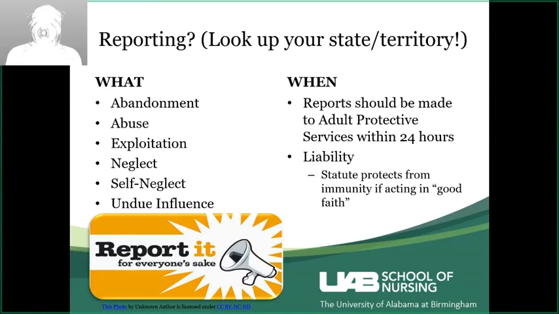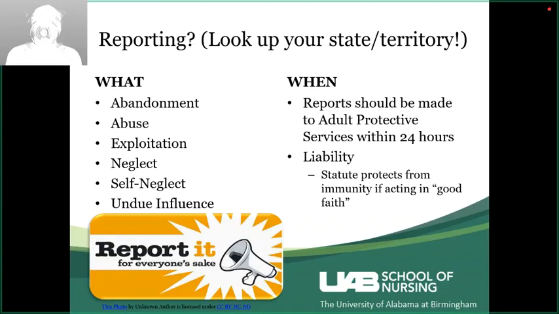Self-neglect: the liberties of the older person have to be respected, but certainly pulling them out of that, involving family, involving agencies, is something that can happen to benefit that older person. And then anyone who has undue influence stands in a position of trust but does not have that person's best interest at heart. And when?